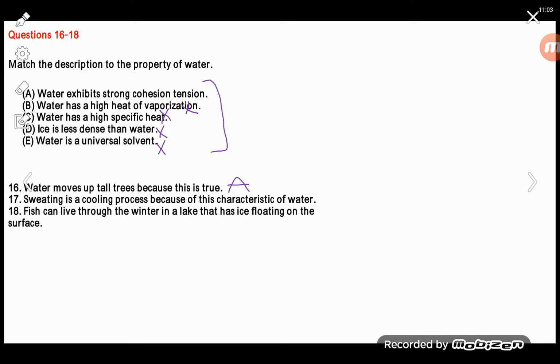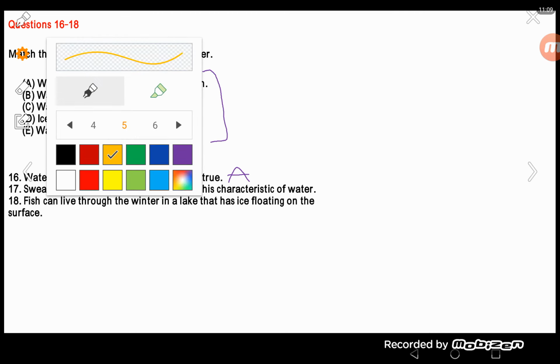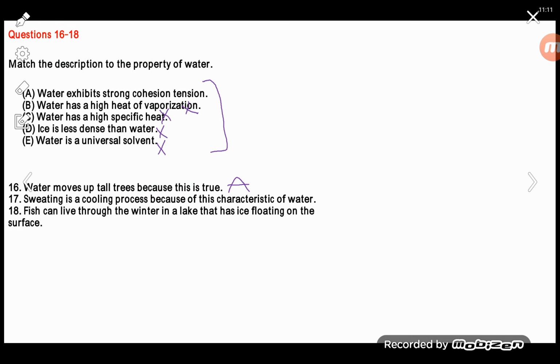Sweating is a cooling process because of this characteristic of water. So, which characteristic of water has relation with the sweating? You know that during sweating, guys, our body loses energy in the form of vaporization, or evaporation we can say. So which one is related to that, guys?